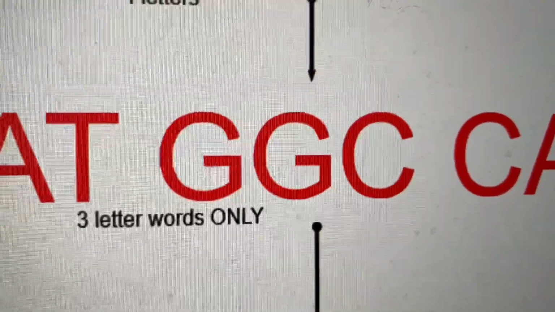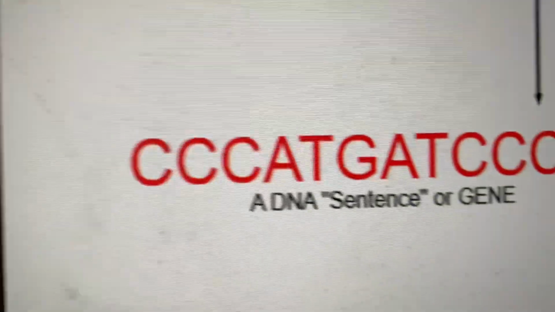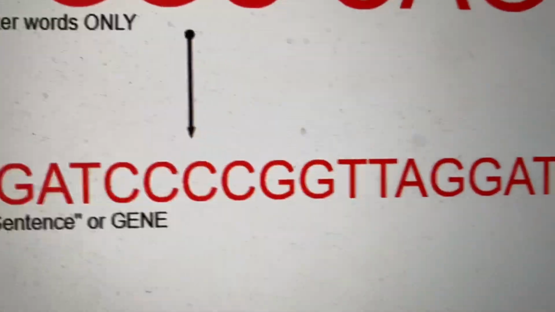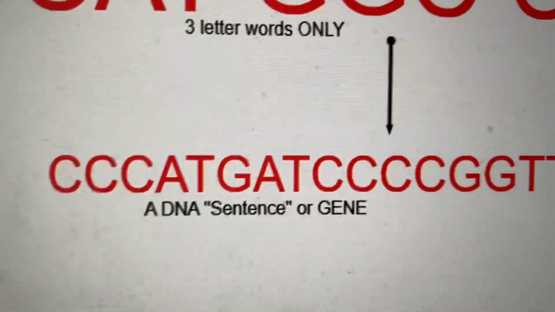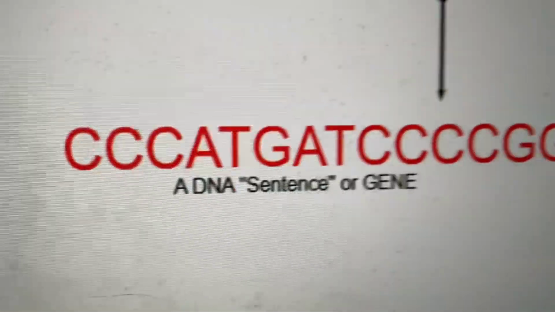Any combination of 3 letters works in DNA. CAG, that's a nonsense word in English, but in DNA it makes very much sense, right? And then you string codons together, you get a long sentence of codons, what we call a gene. And 1 gene codes for 1 protein.